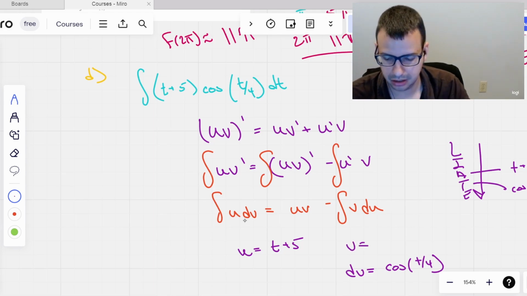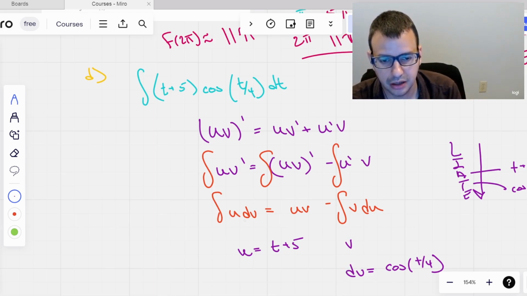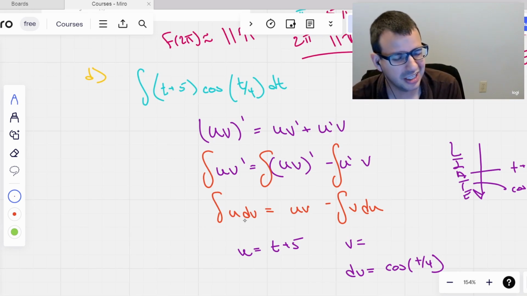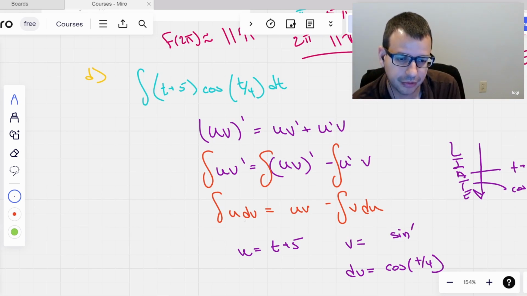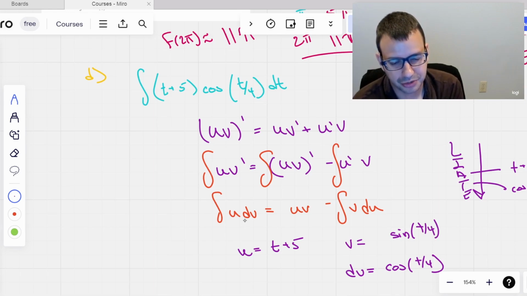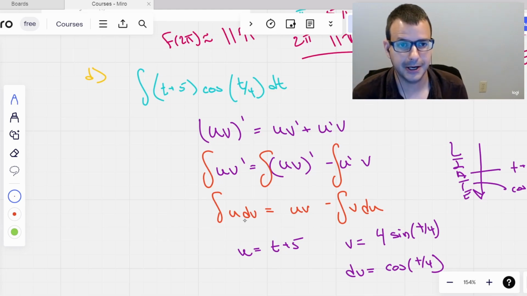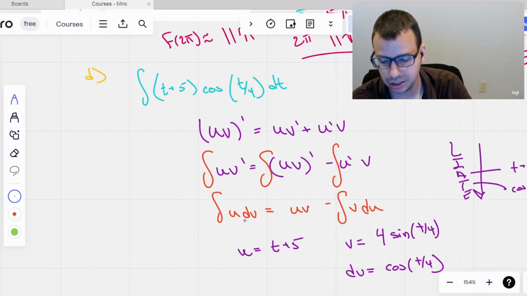v is going to be the integral of cosine, which is positive sine, so it'll be sine of t over 4. But when we take the derivative, we're going to have to multiply that by 4. We could figure that out more formally using u substitution, saying u equals t over 4.